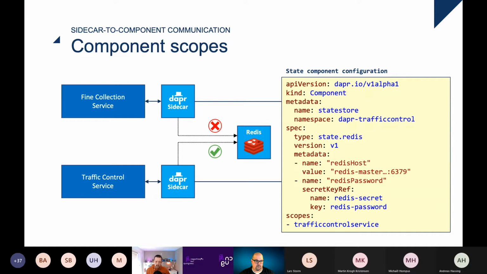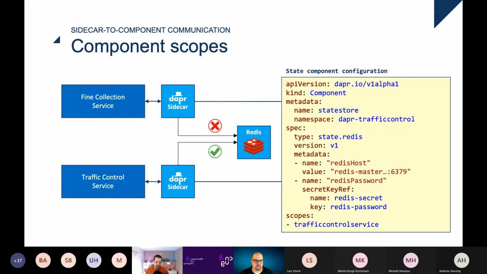And with scopes, I can very simply specify a list of app IDs, of Dapr application identifiers, of the applications that are allowed to use that component. So in this case, I've only added traffic control server as the single scope. So the traffic control servers will be able to use the component, but the find collection servers will not.